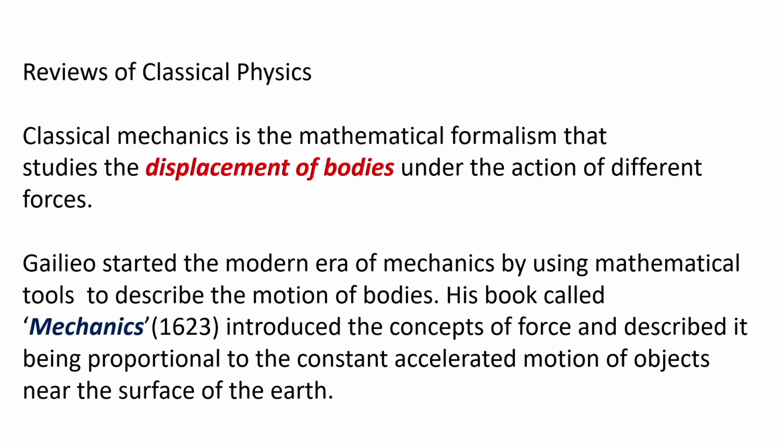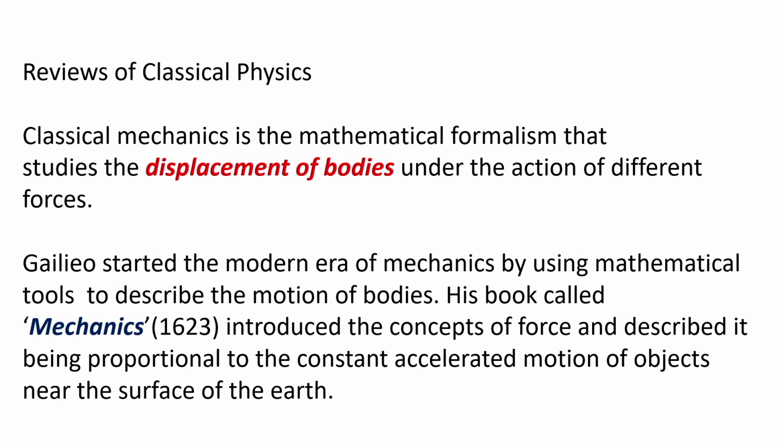So, we start with reviews of classical physics. Classical mechanics is a mathematical formalism that studies the motion of bodies or the displacement of bodies under the action of different forces.